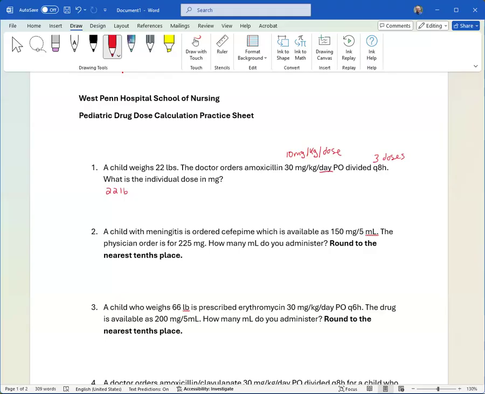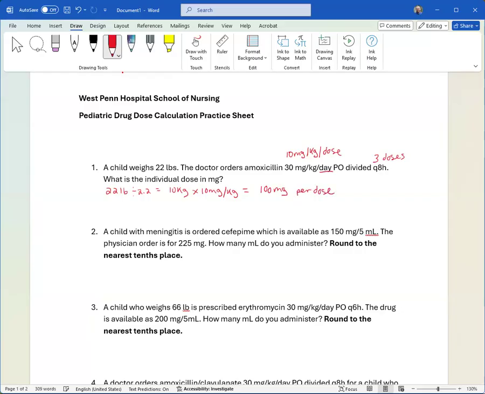Although if I just divide by the 2.2, I get 10 kilograms. So 10 kilograms times my 10 milligram per kilogram per dose will give me 100 milligrams per dose.